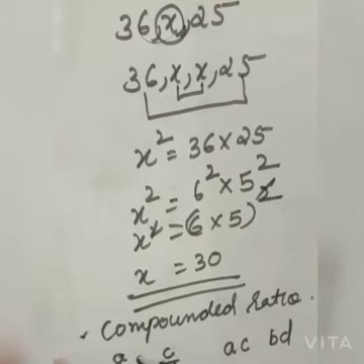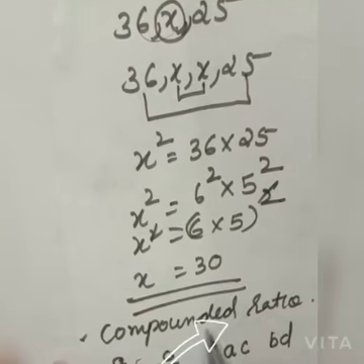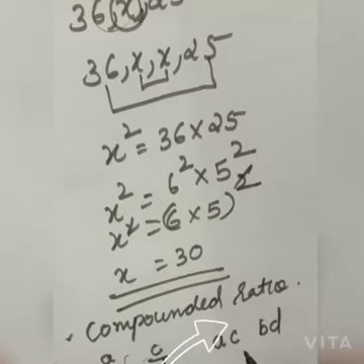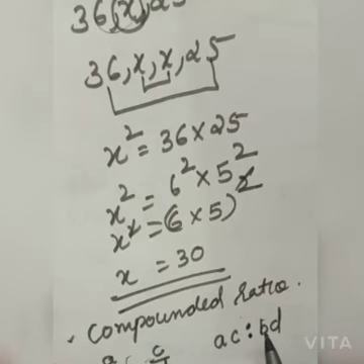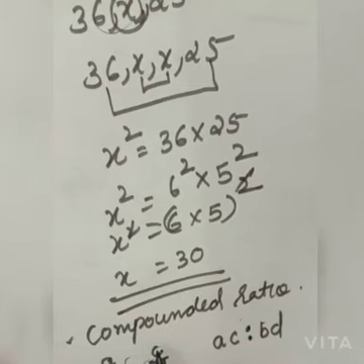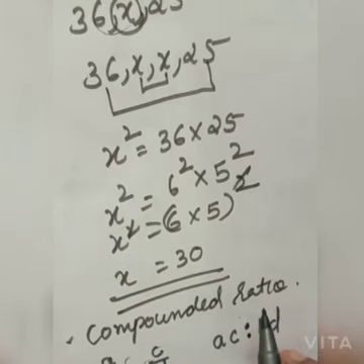Suppose A ratio B is in proportion to C ratio D. What is the compound ratio? You have to multiply antecedent to antecedent, and consequent to consequent. This ratio is called compounded ratio. When two ratios are given, you multiply the antecedents and consequents. That ratio is called compounded ratio.